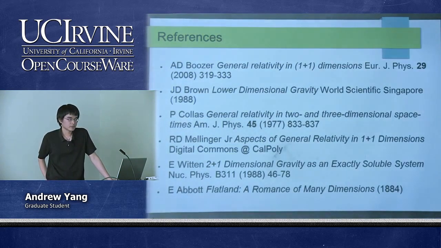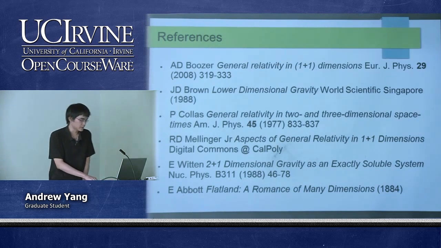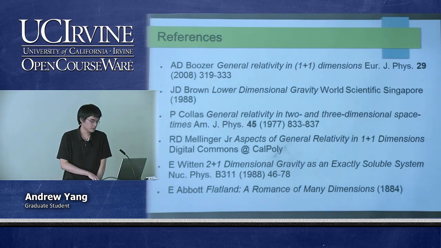What I found most interesting was the paper by A.D. Boozer, because it basically explained the approaches to general relativity, or finding a model for general relativity in 2 dimensions. Also particularly interesting was a book, Lower Dimensional Gravity.